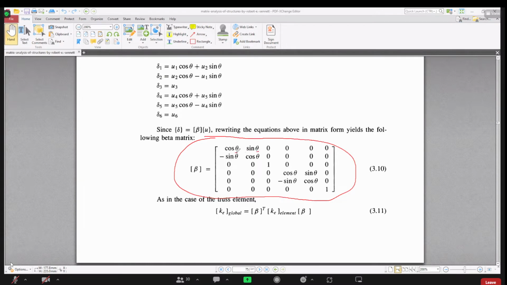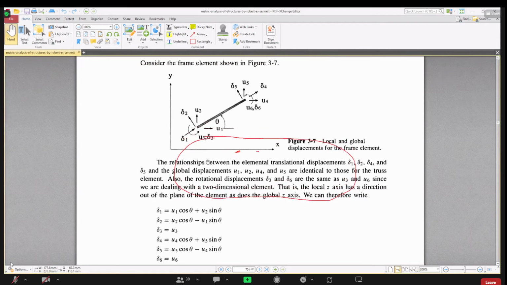Please take note of this angle theta. If we go back to our diagram, theta is the angle from the global x-axis to the elemental x-axis of our frame.